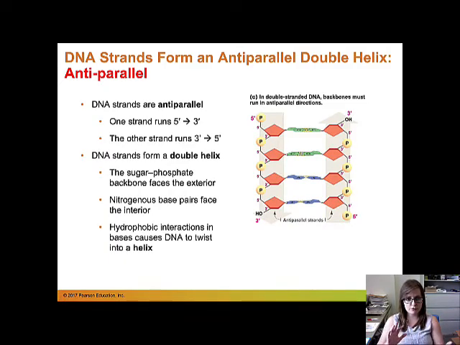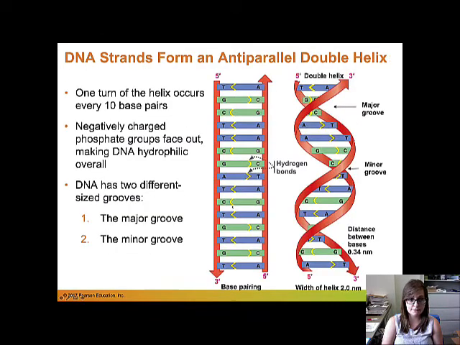And so the sugar phosphate backbone faces the exterior, and the nitrogenous bases face the interior. And the hydrophobic interactions of those base pairs cause the molecule to twist and create a double helix, right? Double because there are 2 strands.